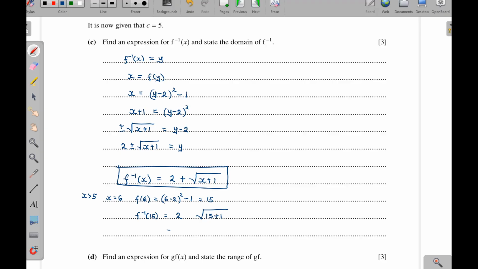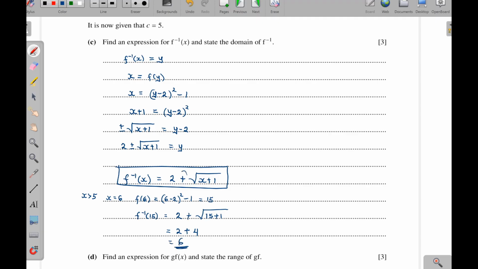That is 16. Root of 16, what do you get? Don't you get 4? You get 4. Now my question is, am I putting here a minus or a plus to get back the 6 here? It has to be a plus, not so. So we are putting the plus here for us to have the 6.